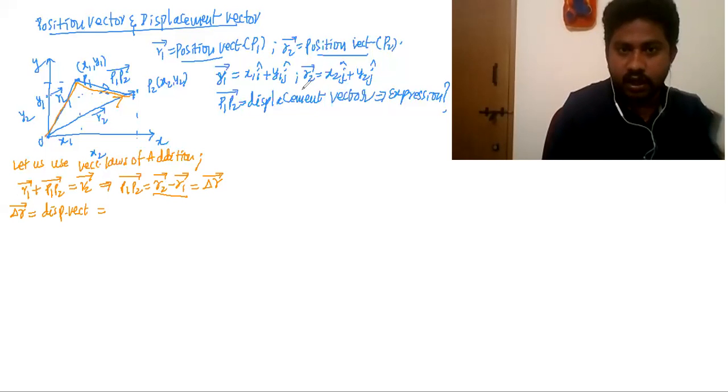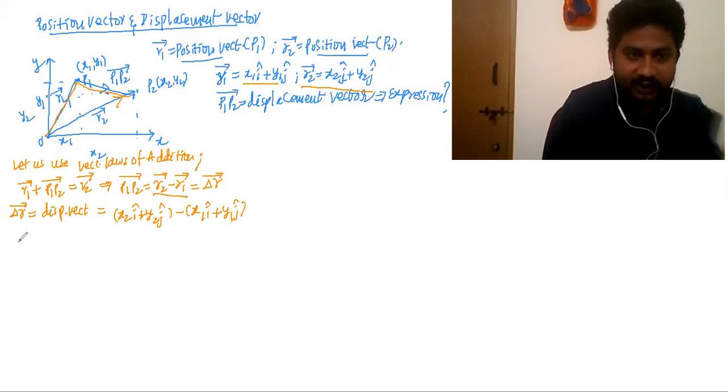What is R2 bar? This is my R2 bar, this is my R1 bar. R2 bar is x2 i cap plus y2 j cap. R1 bar is x1 i cap plus y1 j cap.